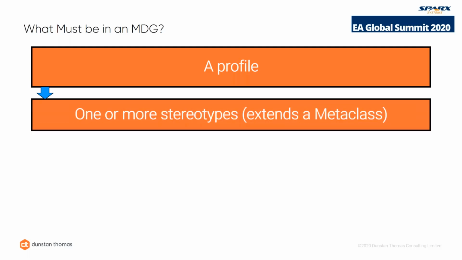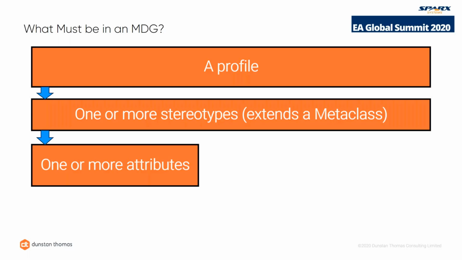That profile has one or more stereotypes. These are the elements that you define that comprise your Metamodel, and those extend what is known as a meta class, a UML activity, a UML class, an EA requirement, etc.